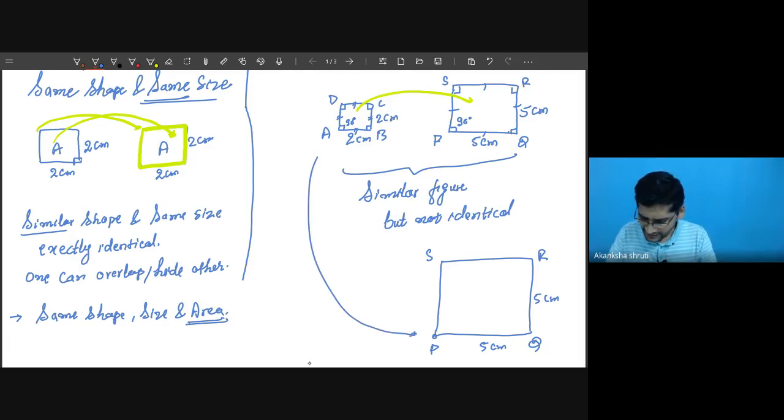Then you will get that over this PQ only 2 centimeter length will be covered by this one. So here it will be the B, moving the 2 centimeter upward. We are able to reach it here. So this is our C, and this will be our D. Okay, student.